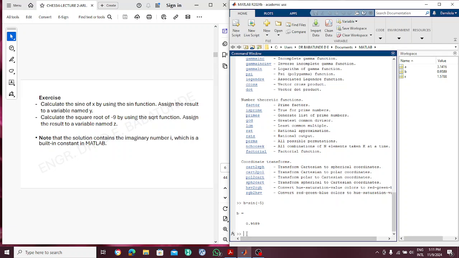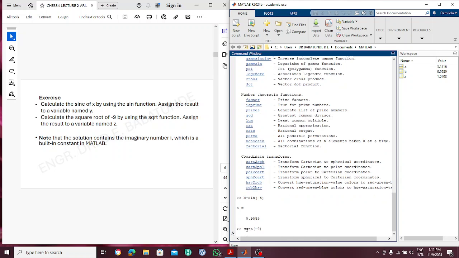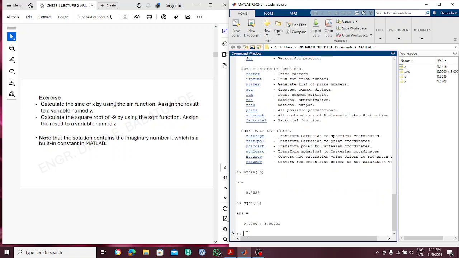Okay, so let's apply the square root function to get the square root of minus 9, and let's see what happens. To get the square root, the function is sqrt. We open a parenthesis and supply the argument, in this case minus 9, and this is the outcome.